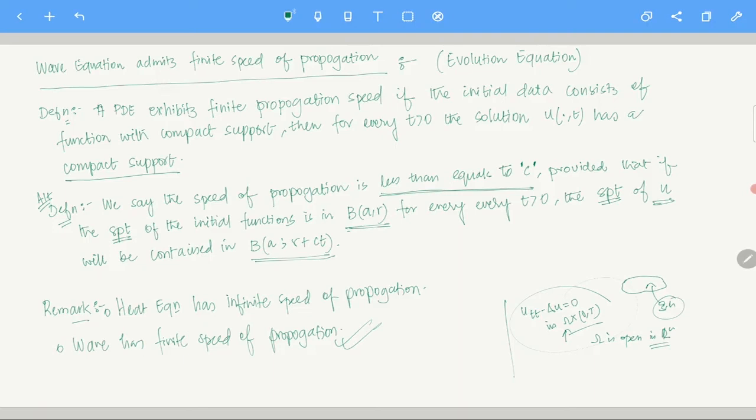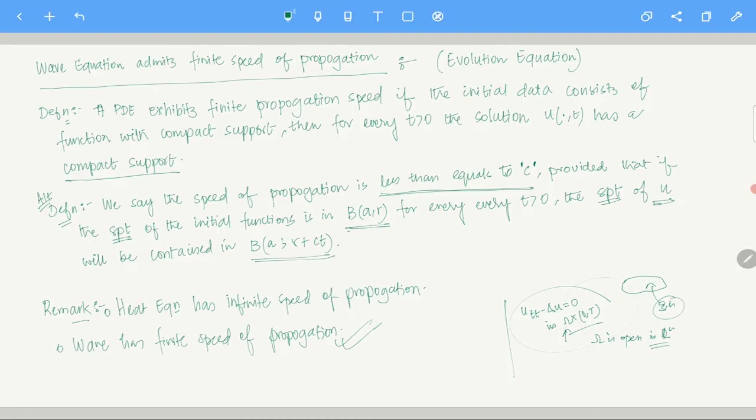If the domain is smooth, then this finite speed of propagation works, no issues. The problem happens sometimes if the boundary of the domain has fractal properties, that is, the boundary may look like a fractal.